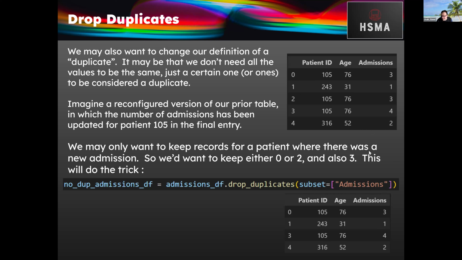In this case, between index 2 and index 3 the number of admissions goes from 3 to 4, so it will keep 0, although if we'd said keep last, it would have kept 2. But by default it keeps the first one, so it's kept 0 here, and it's also kept index 3, which is presumably where the patient then had another new admission.